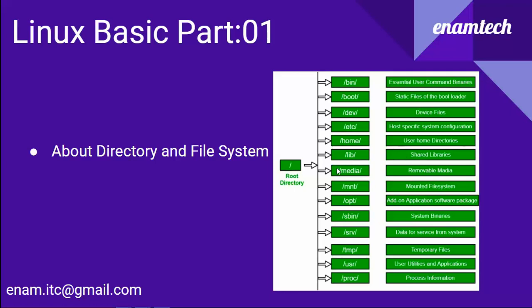Then lib for shared libraries, media for removable media, and mnt for mounted file systems, opt for add-on application software packages, sbin for system binaries, tmp for temporary files, usr for user utilities and applications, and proc for process information.